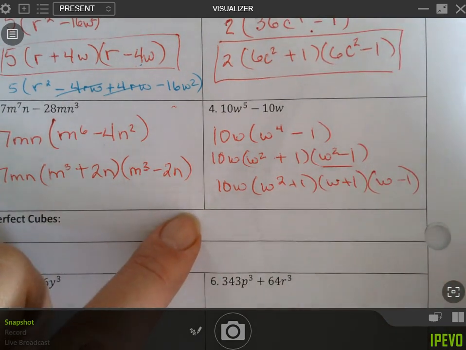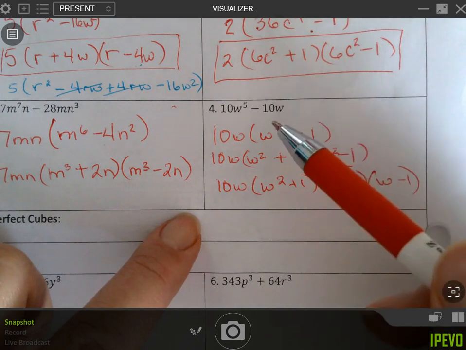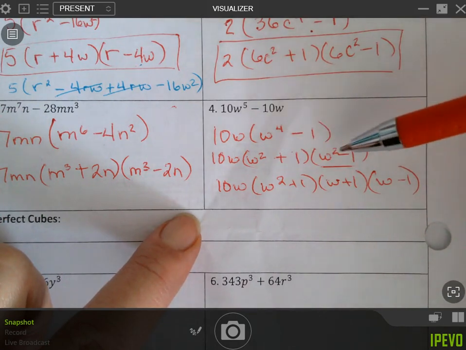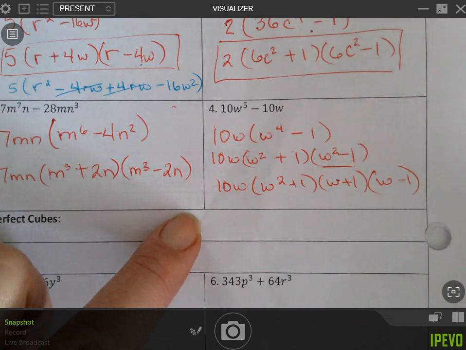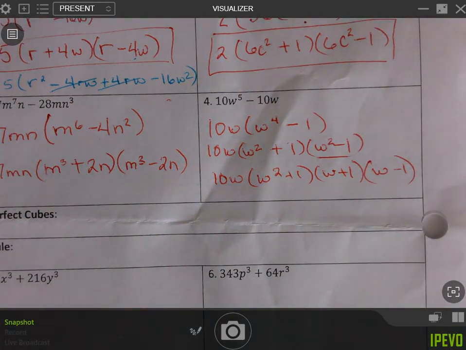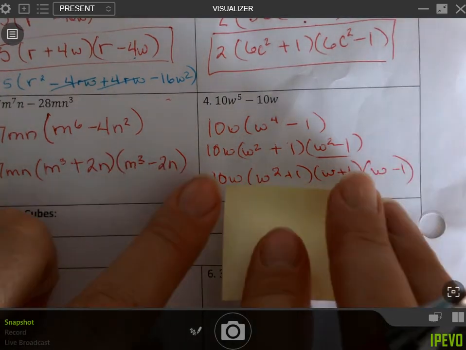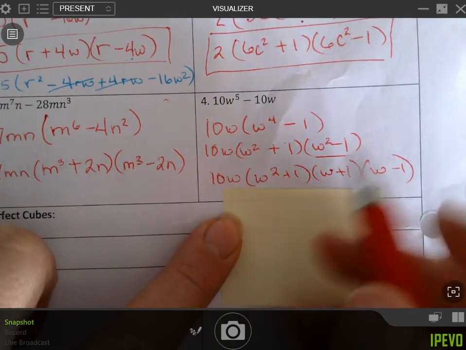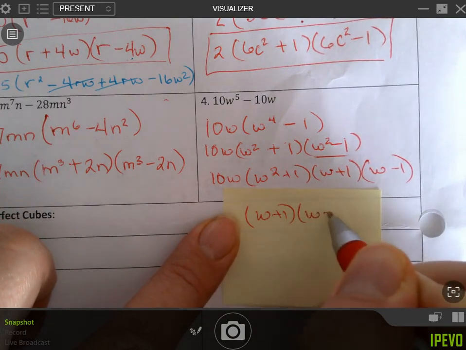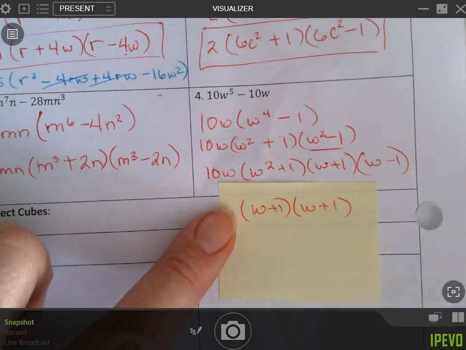Okay, so sometimes you take out the GCF, you factor. I'm saying it again, you should always double check if you missed a GCF, but when you have a higher power, you want to see, does it factor again? So this happened to break down again. And I'm going to repeat myself because I get people that are all the time doing this. If someone tried to tell me that this w squared plus 1 breaks down, and you do w plus 1 times w plus 1, this is important because we miss this a lot.